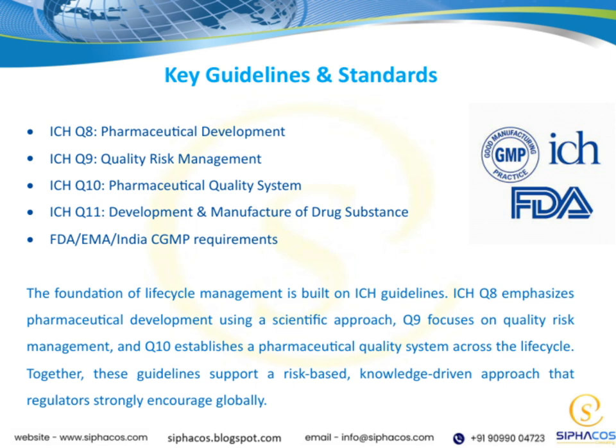They help us build robust processes and foster continuous improvement, aligning with global regulatory expectations. And alongside these, we also need to keep in mind FDA, EMA, and India CGMP requirements, which set the regulatory standards for manufacturing practices worldwide. Together, these guidelines and standards help us ensure that quality is built into every stage of a product's life cycle, supporting safe and effective medicines for patients everywhere.